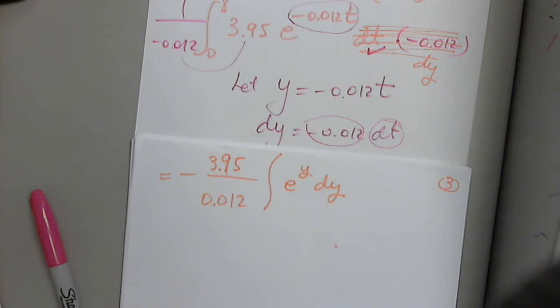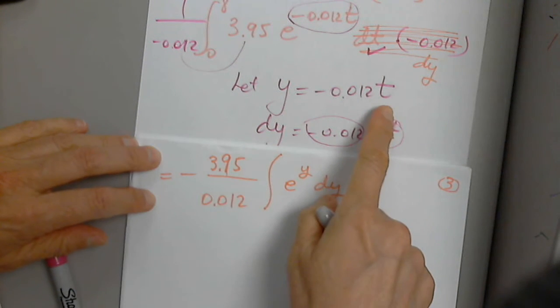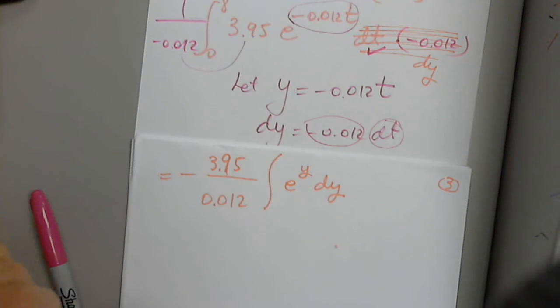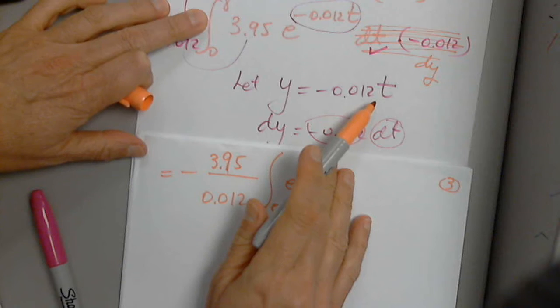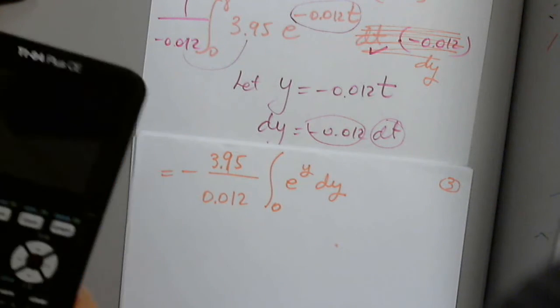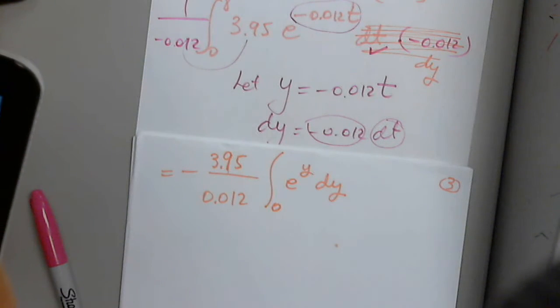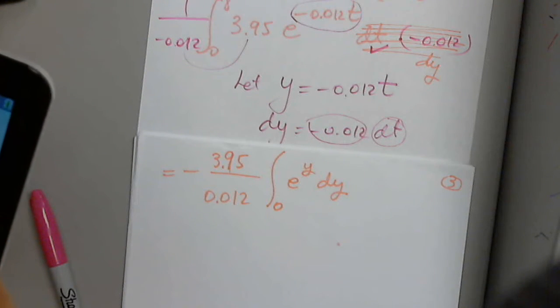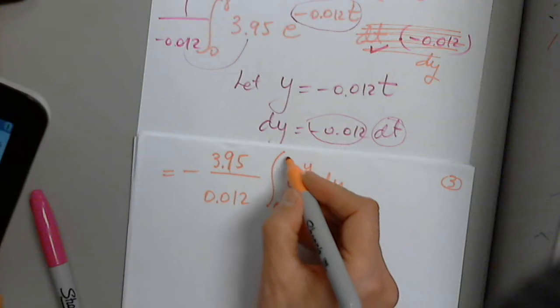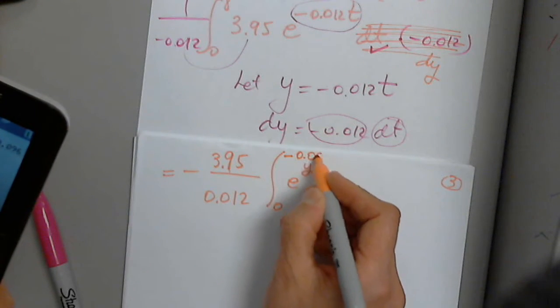When t is 0, how much is y? 0. Excellent. When t is 8, how much is y? Well, it's 8 multiplied by 0.012, and it's negative 0.096.